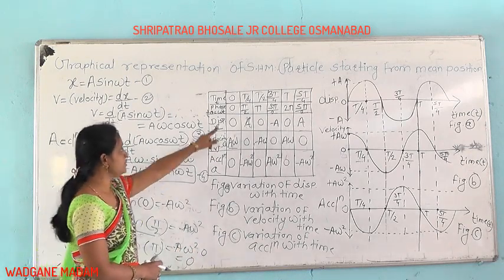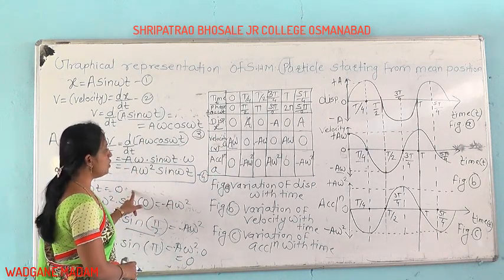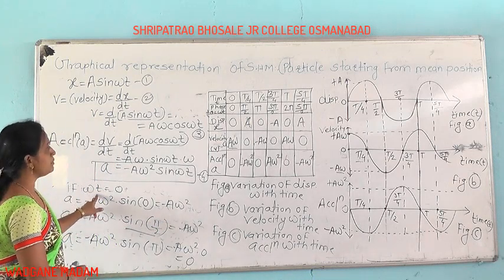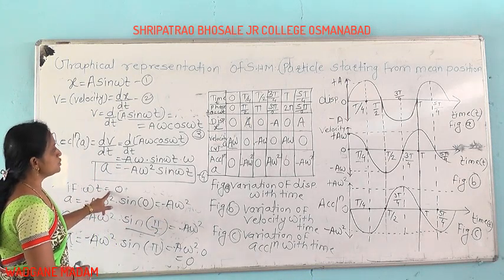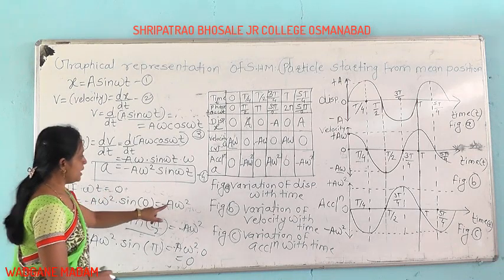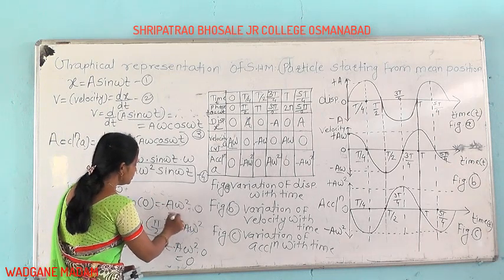Therefore, at the corresponding time interval it is 0. Then acceleration when phase omega t is 0: minus a omega square into sin 0, which is 0. Here we get the value 0.